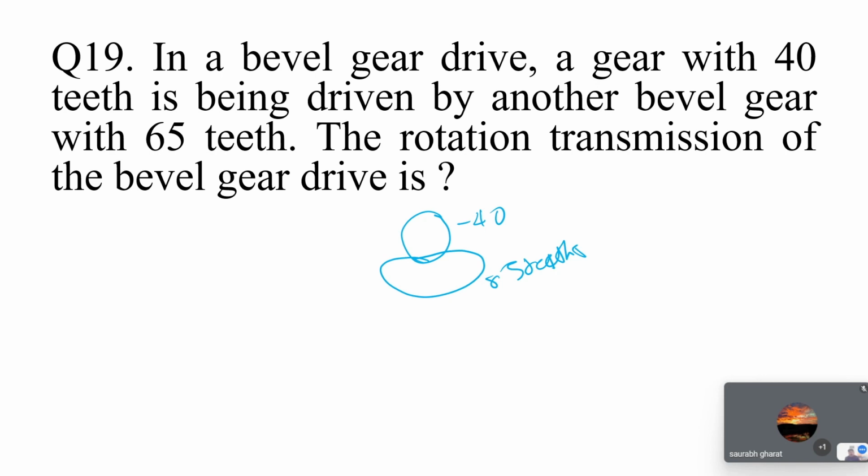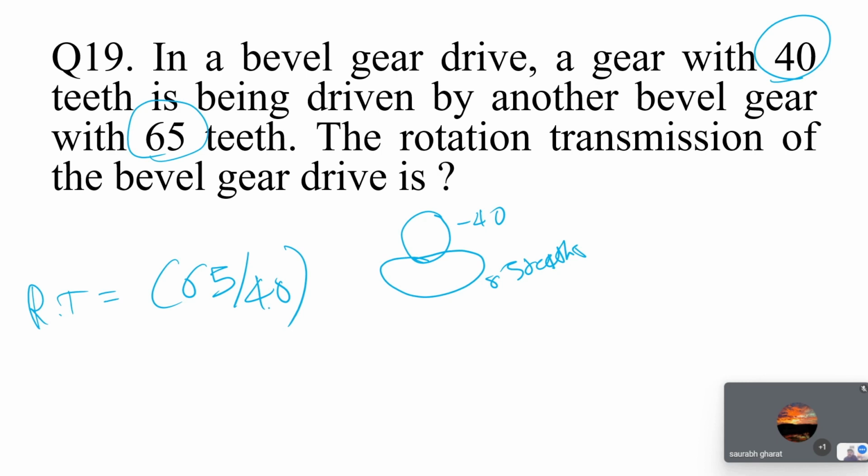I told you that you must take the ratio here. So RT is equal to driver over driven. The driver is up and the driven is down, so you can tell from the analogy also that it must be more than one.